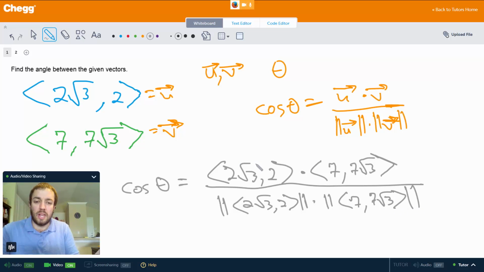Okay, so let's go ahead and figure out what these three things are. So we have to figure out this, this, and this. We can go to the next page and work on that.